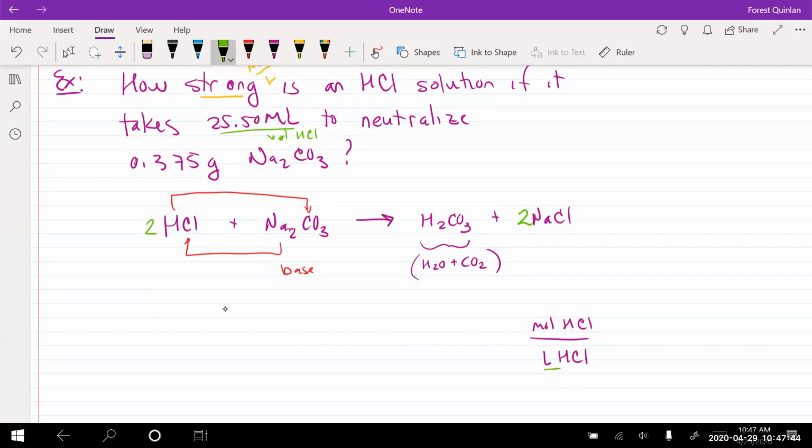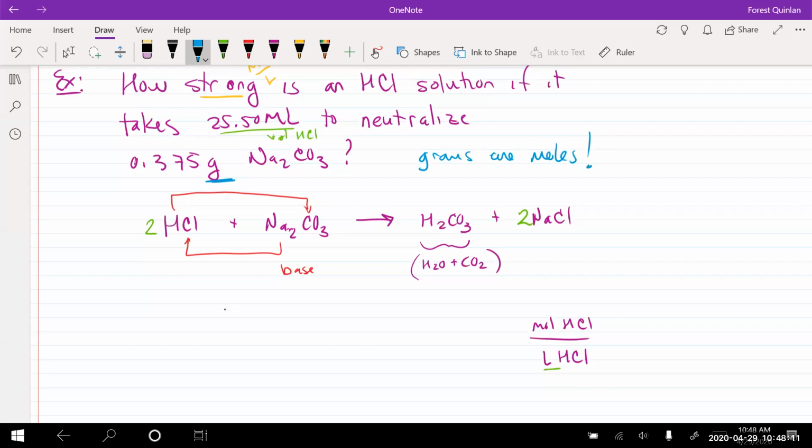We're going to use that for the green. Is there anything there that looks like moles? Yes, 0.375 grams of Na2CO3. Absolutely. This guy right here, this grams, remember, grams are moles.